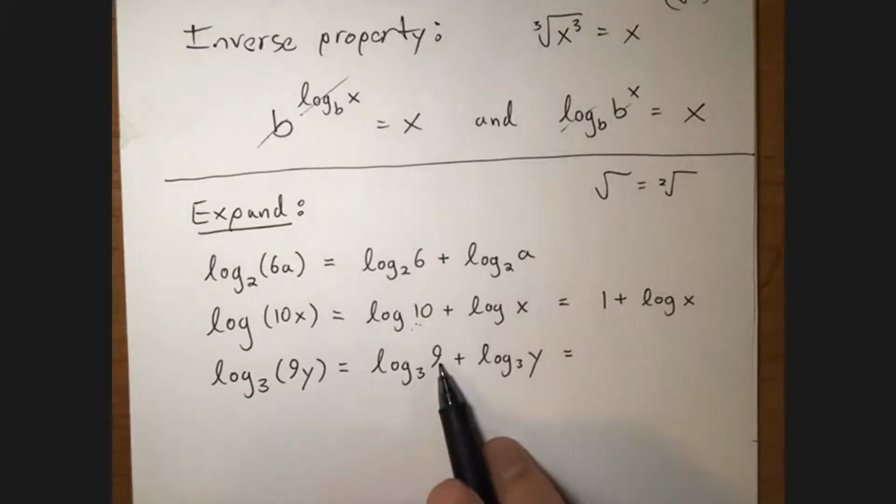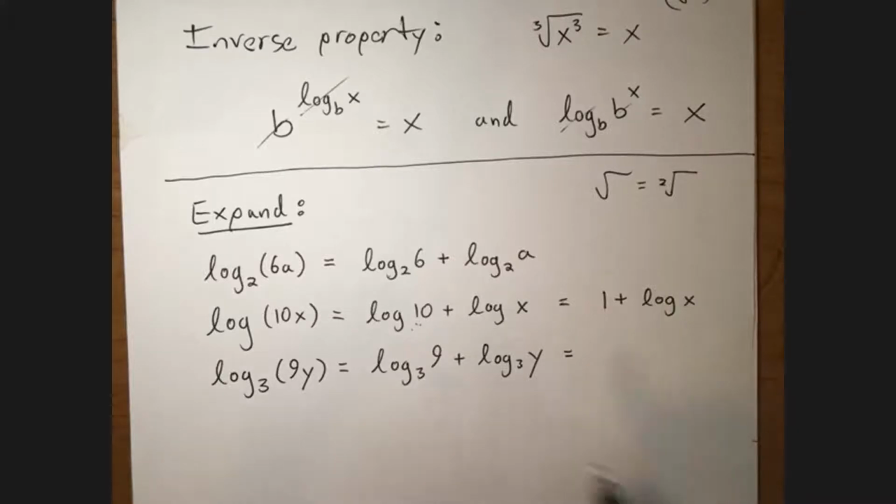I can. Log base 3 of 9 can be simplified. Remember what log is. Log is the exponent that you would put on the base to get this number. So what exponent would I put on 3 that would give me 9? Well, the answer is 2. 3 squared is 9. So this is equal to 2.